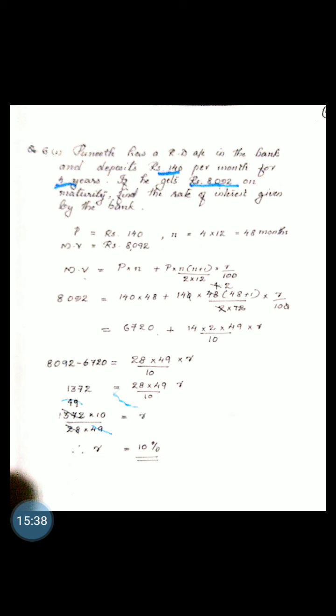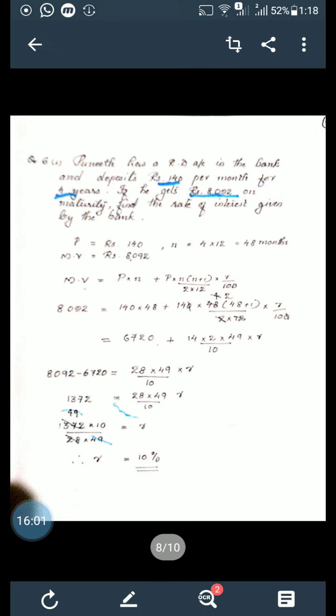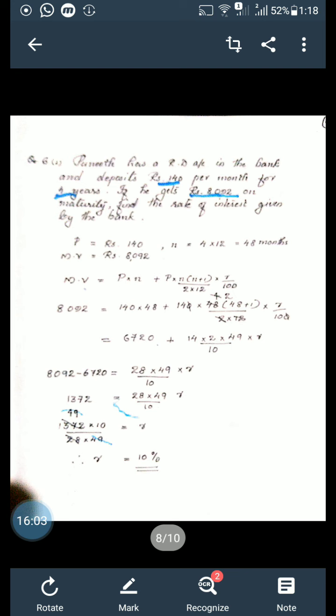Now in this chapter there is only one formula we want to study. So learn this formula by heart. Maturity value is equal to P into N plus P into N into N plus 1 by 2 into 12 into R by 100. Now substitute the values which are given. Maturity value is given, P is given here, N is also given.